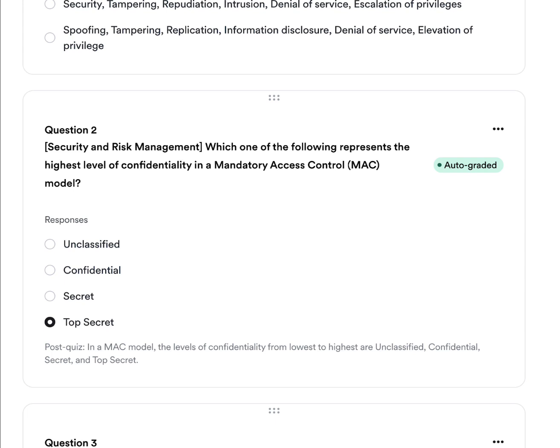Or D, top secret. Now, it's probably pretty obvious, but again, the question is, which represents the highest level of confidentiality in a MAC model? The answer is D, top secret. In a MAC model, levels of confidentiality from the lowest to the highest are unclassified, confidential, secret, and then the ultimate goal of top secret.